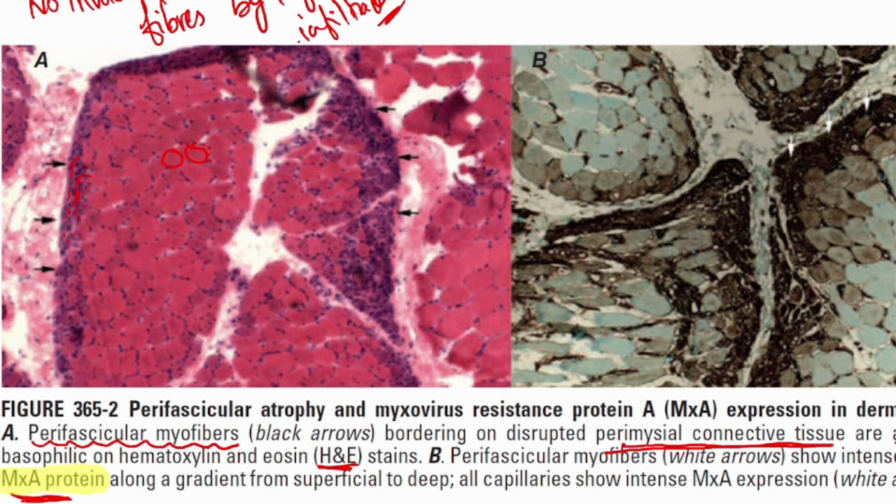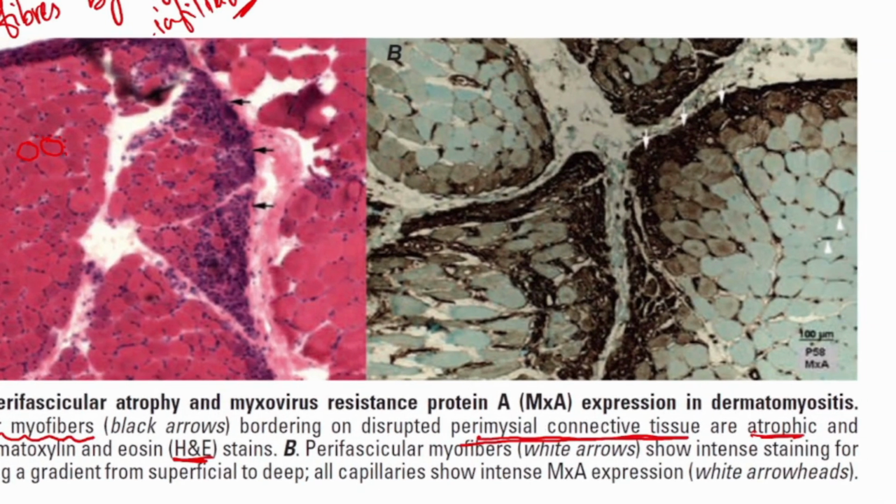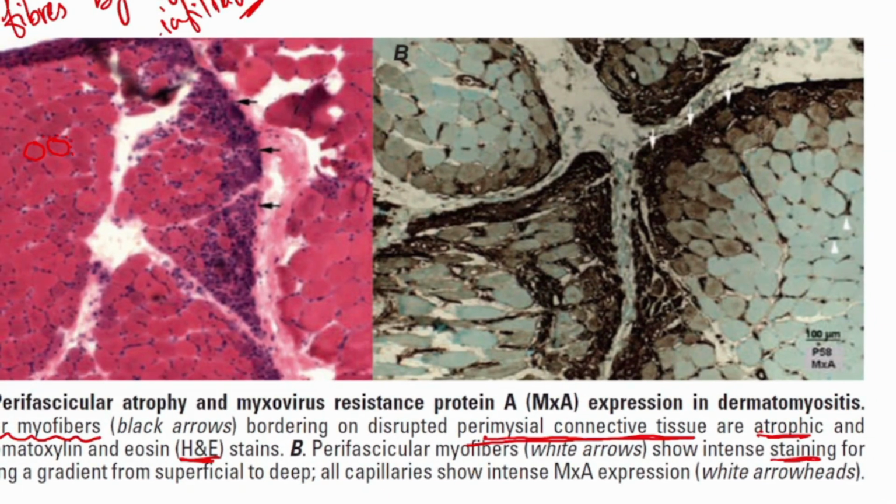Very important to understand that the muscles are not invaded by the cells. The perimycial space, perivascular space is invaded, but muscle cells are not themselves invaded. MXA protein is a special stain which is used particularly for seeing the damage to the muscle fibers.